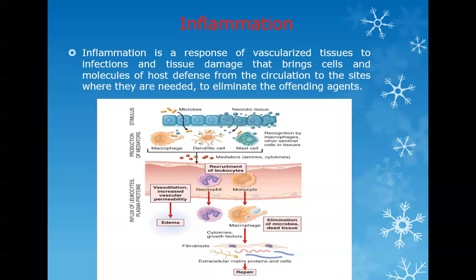That is called chemotaxis, an attractant, or magnet. Now this attraction is called chemotaxis. We will discuss chemotaxis in the day after tomorrow's lecture when we'll be discussing chemical mediators. So actually it is a bunch of everything which we have to do.